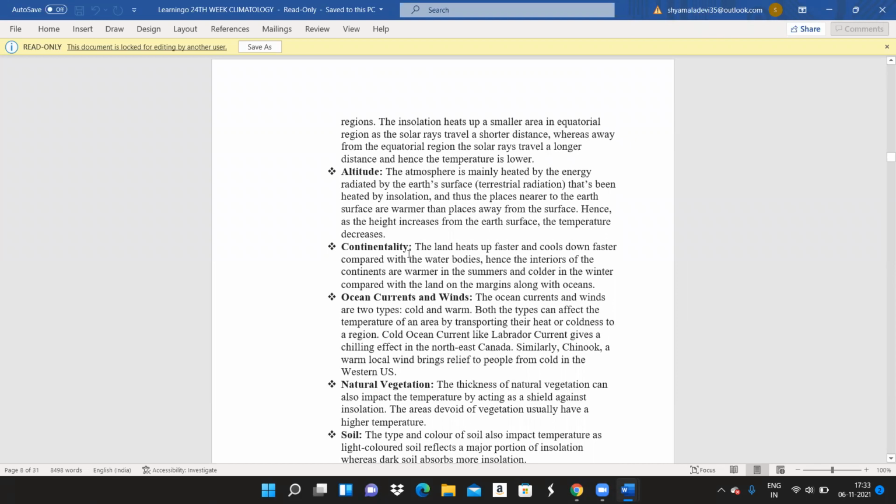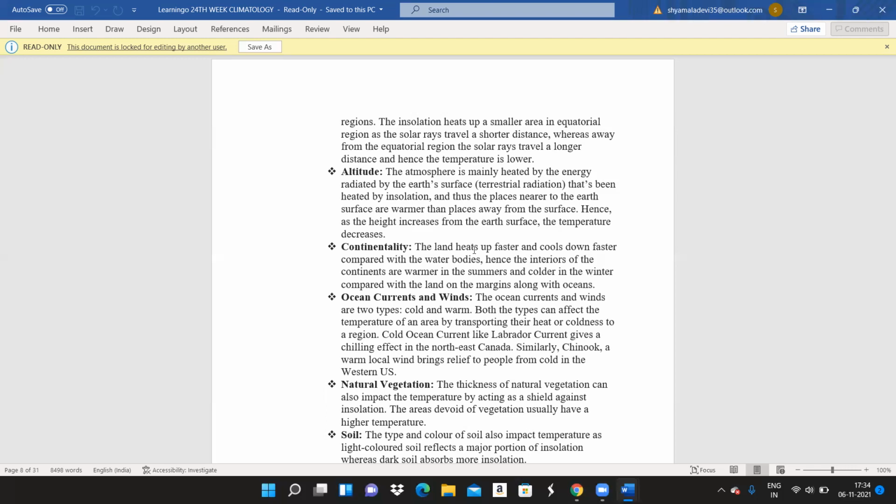Next one we talk about is continentality. What is continentality? The land heats up. Now, you take the coastal areas and you take the interior areas, or the land. For example, if you take Chennai, Mumbai, or Calcutta, these three areas record less temperature.